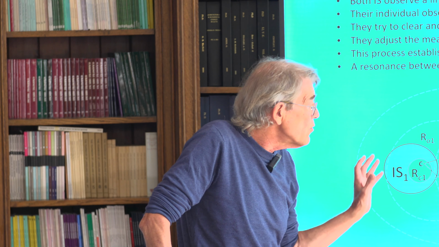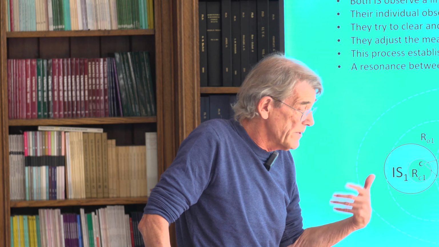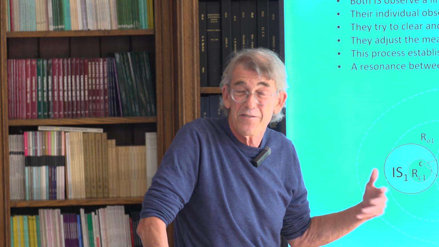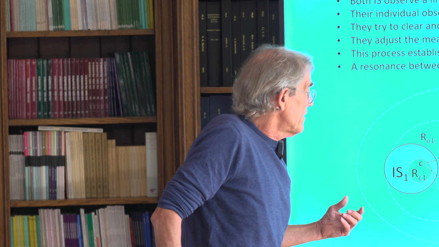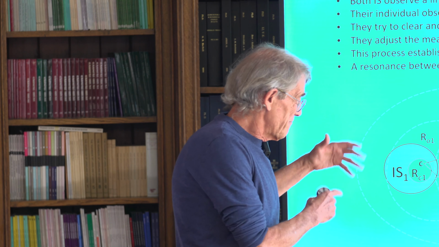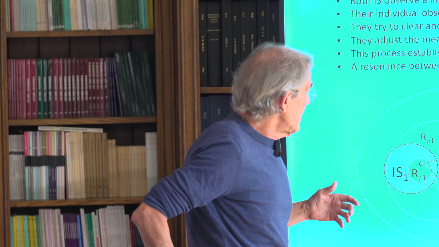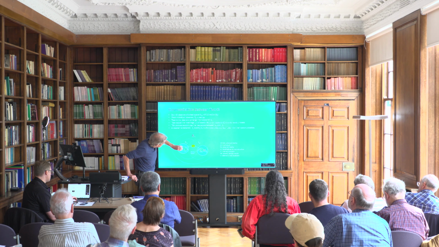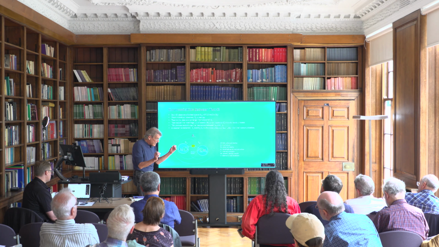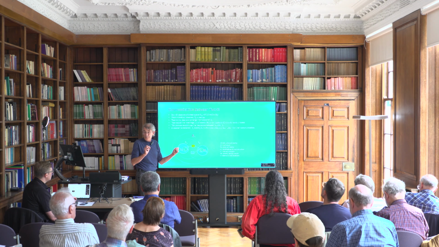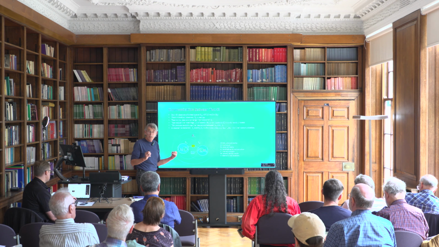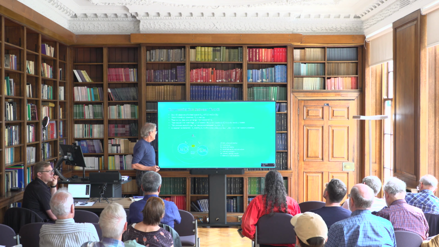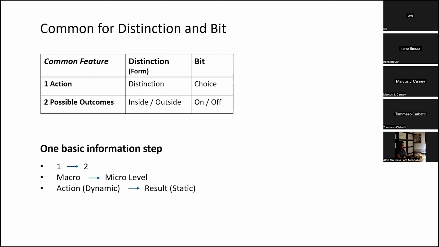The question is, how does the resonance come into existence? How does it evolve? That's a big question. I don't go into details now, but there is an interesting play between these two players who adjust the meaning of the words. And this is a dynamic process, and it's going on and going on. It's not a static process. It's really a dynamic process.